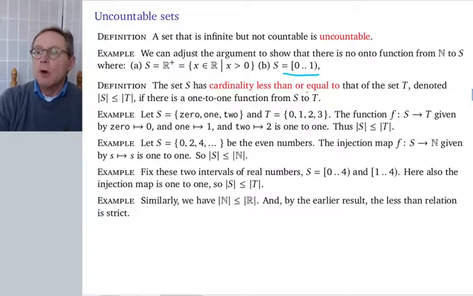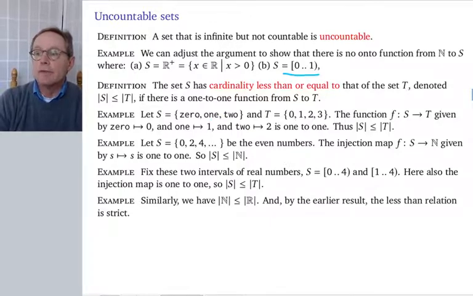Okay. So what we have is that some sets are actually bigger than others, some infinite sets are actually bigger than others. So fair enough. So now I say that a set S has cardinality less than or equal to a set T if there's a one-to-one function from S to T, not necessarily onto, just one-to-one. And just some quick examples.